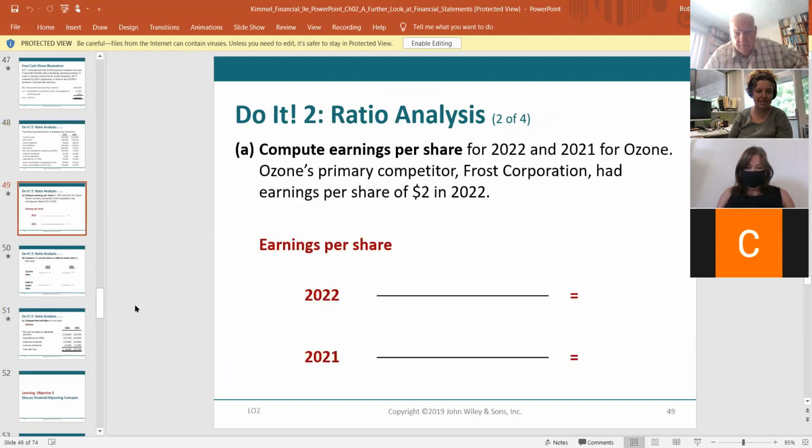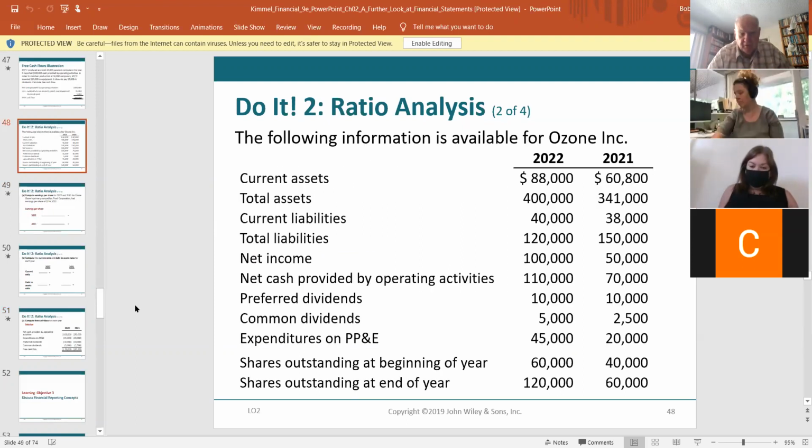Let's see here. Earnings per share. Why don't you write down the formula? What's the formula? Earnings per share is earnings minus preferred dividends. So what was their net income? $100,000, right?